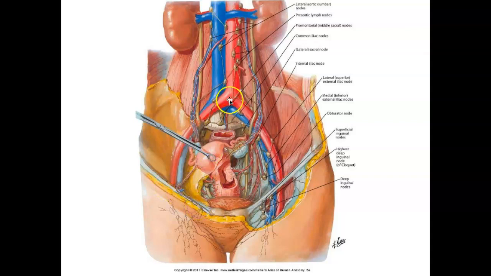And then pre-aortic and lateral aortic nodes on each side of the aorta draining the pelvic viscera, so the uterus, the upper portion of the vagina, the pelvic organs, the ovaries here. So this is what allows these internal structures to easily metastasize, if there are cancer cells in there, and go up into the abdomen, as it gets into the lymphatic system here.